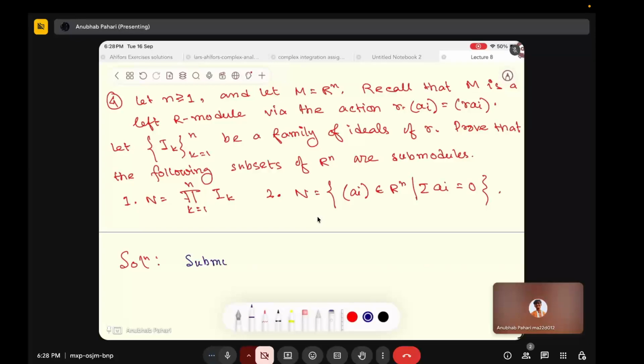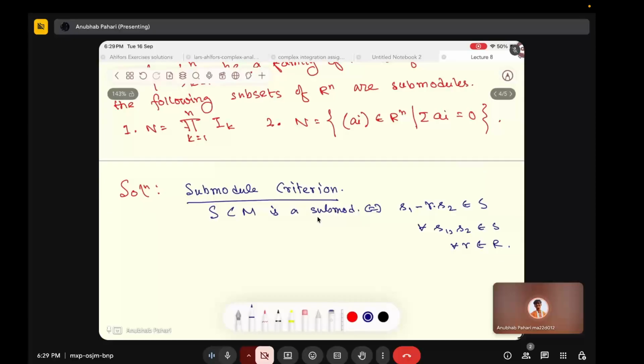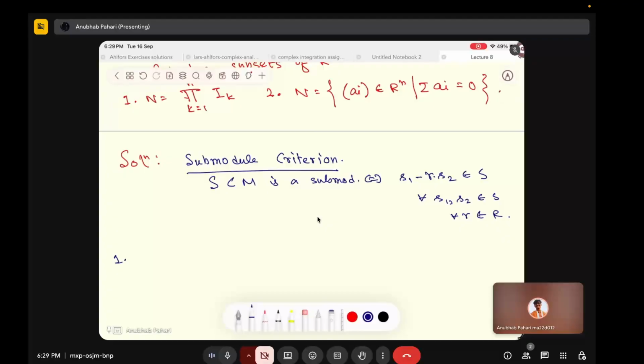Submodule criterion, that is, for S a subset of M, S is a submodule if and only if s1 minus r·s2 belongs to S for every s1, s2 belongs to S, and for every r belongs to R. So exactly like the subring criterion, if you can remember.